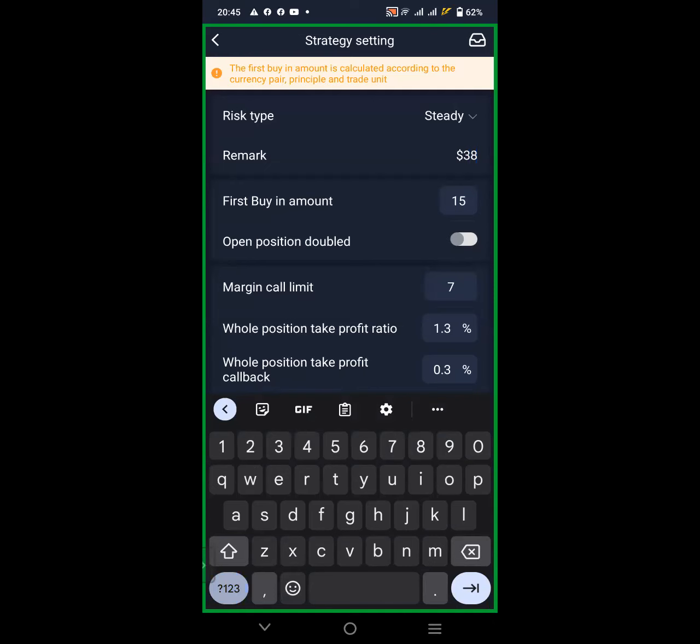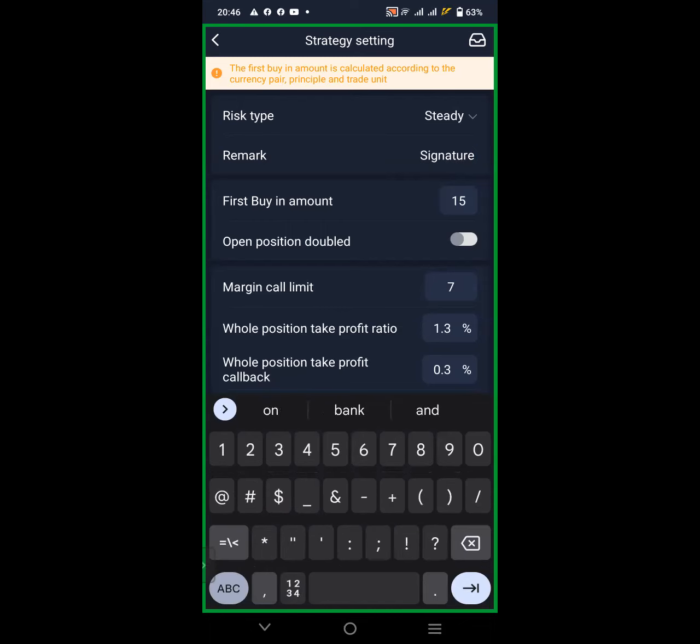Yes, $38 space signature, just put signature. Yeah, $38. No, sorry, you were right with $38. $38 signature.